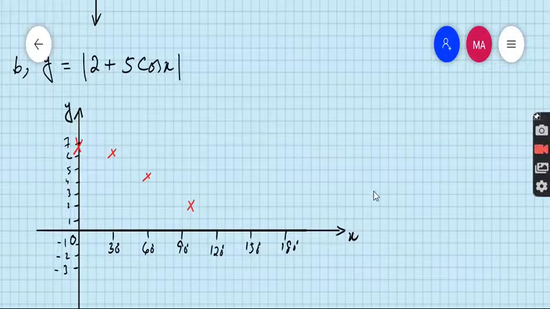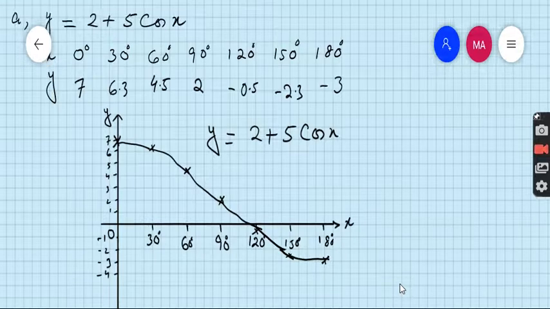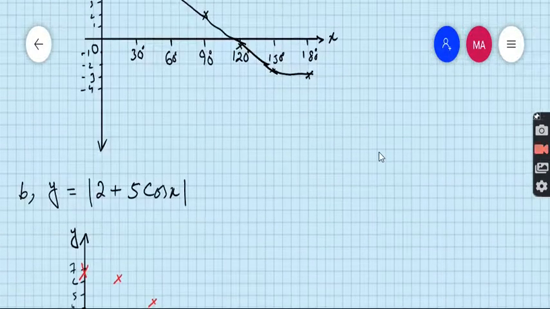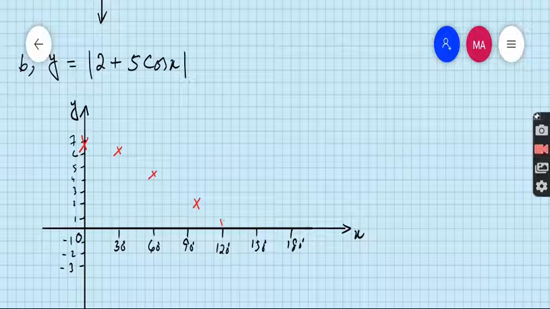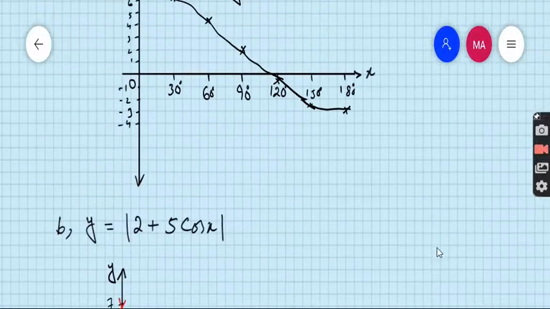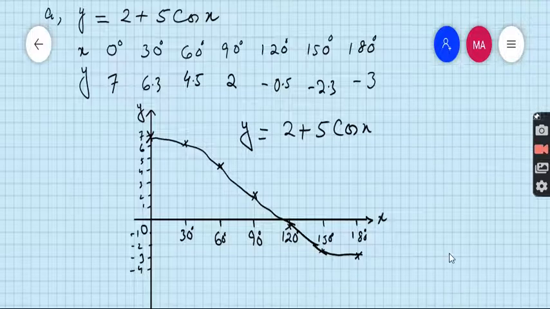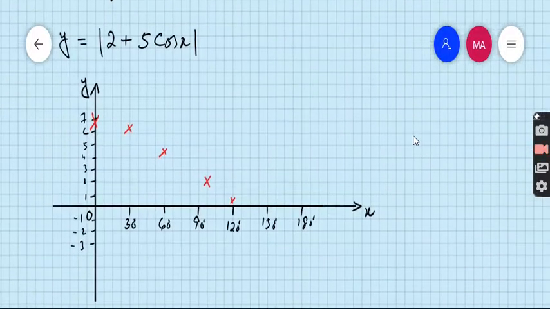And now for 120 it is minus 0.5, but this time we will take 0.5 for 120, because in an absolute valued function we reflect all those values which are below the x-axis. For 150, the value is minus 2.3. It should be plus 2.3.